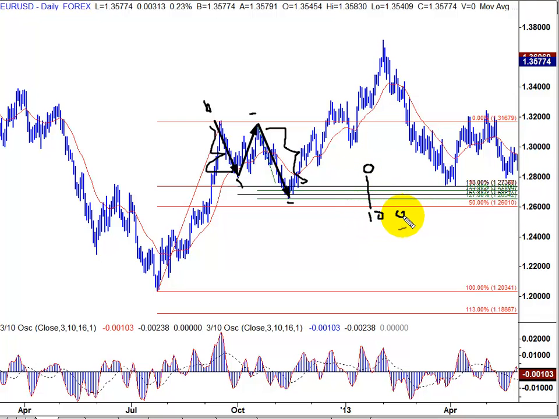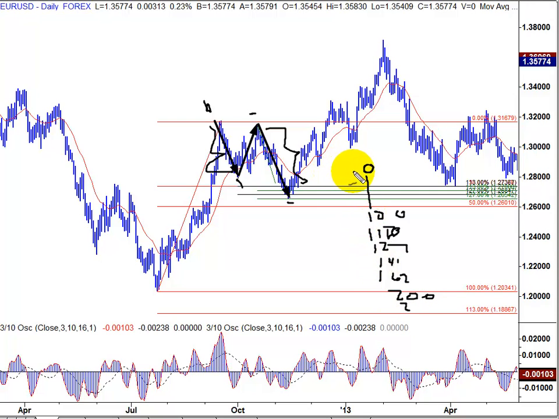Well, it's not really fib, it's called phi. Then you have your 113 extension, 113, 127, 141 is not really used so much, 162, your 200, 225, and so on.